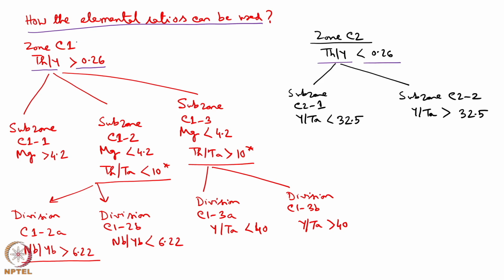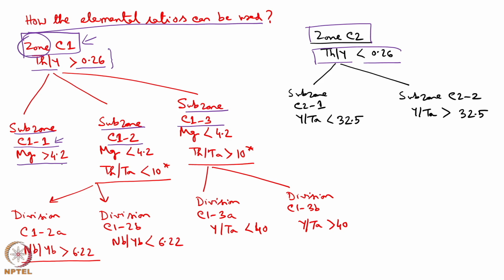We can define, if required, this kind of rock belonging to zone C1 and this kind of rock belonging to zone C2. After that, once we look into zone C1, we can define subzone C1-1, and this is the way to write subzone C1-2. This is subzone C1-3. Students have to remember C1-1, C1-2, C1-3 can represent the different subzones which are the divisions of a specific zone.